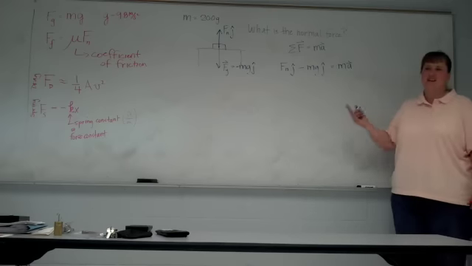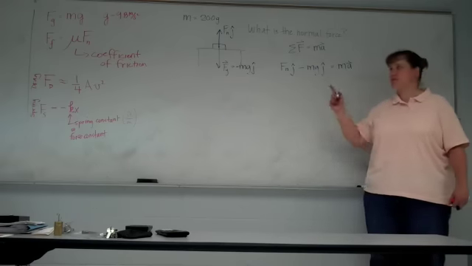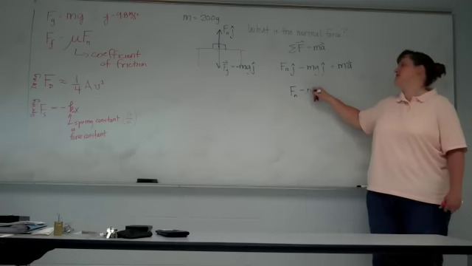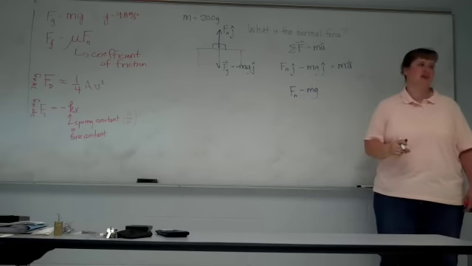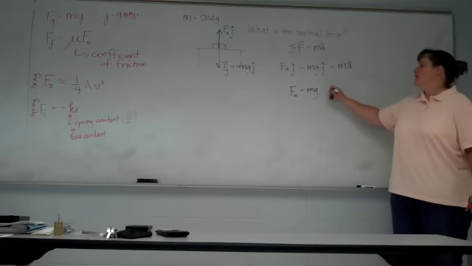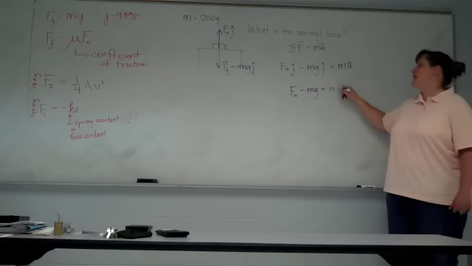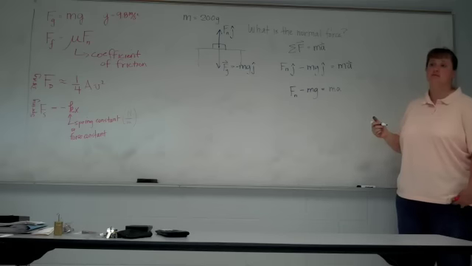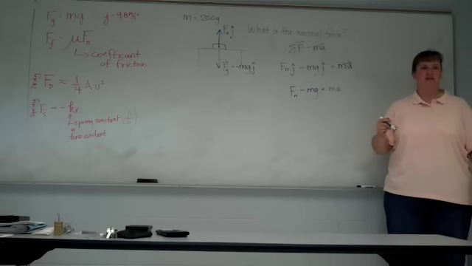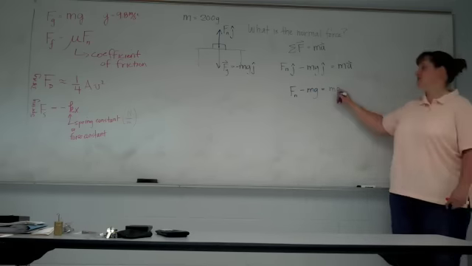Conveniently enough, this all takes place on the y-axis, this particular problem. So we can simply say the normal force minus mg. We can take the j hats out of the picture since it's all in the y direction. That has to equal ma for the y direction. But what's the acceleration of my calculator in the y direction? Zero.